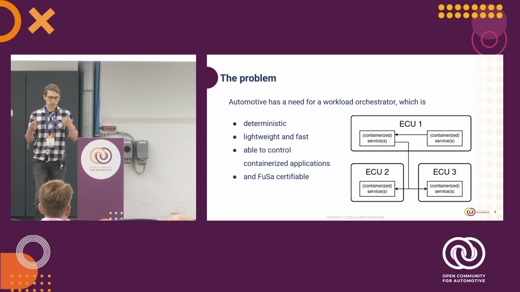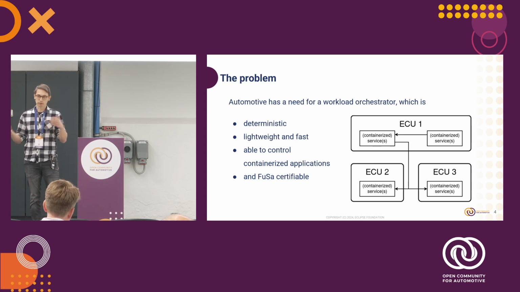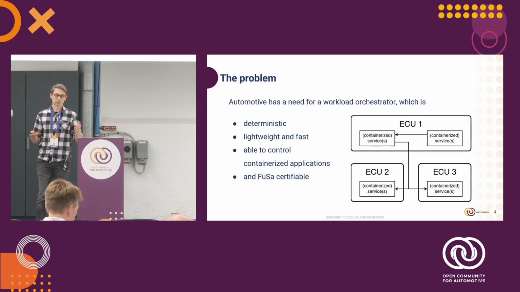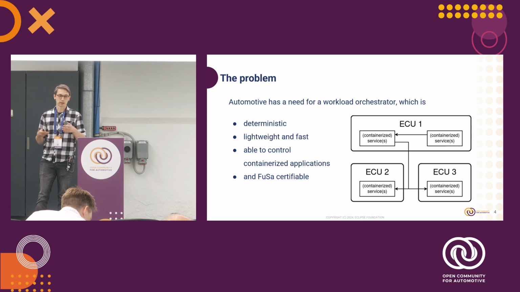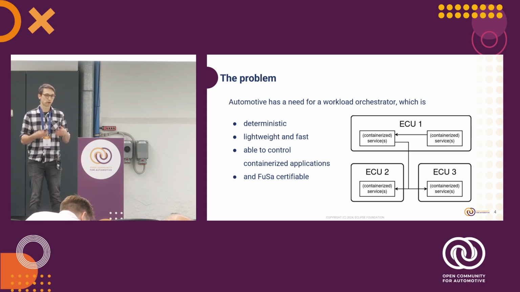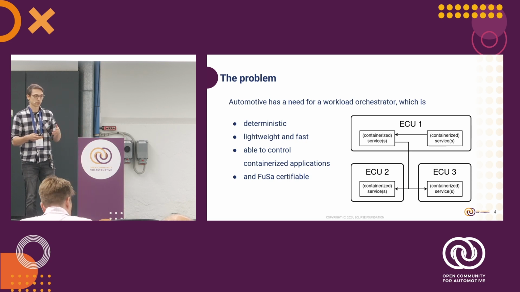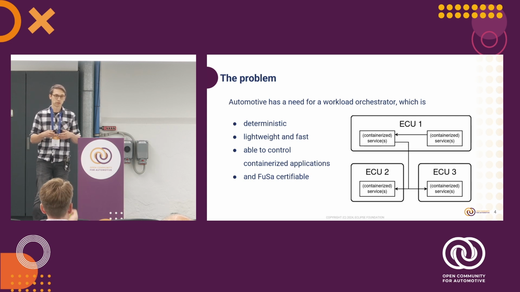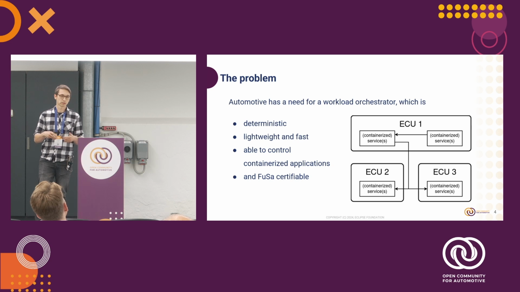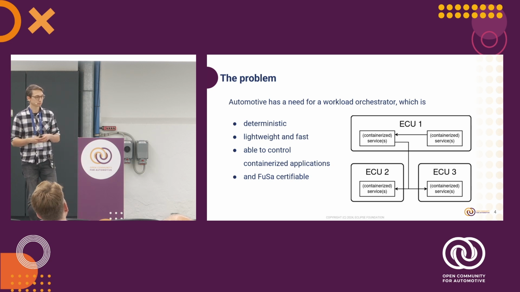Well, Kubernetes was built for the private and public cloud, where completely different constraints and expectations are applied. For example, you have the design principle of eventual consistency, so eventually reaching a target state at some point, and thinking about this principle in a car, when you hit the brakes, eventually stopping might not be good.